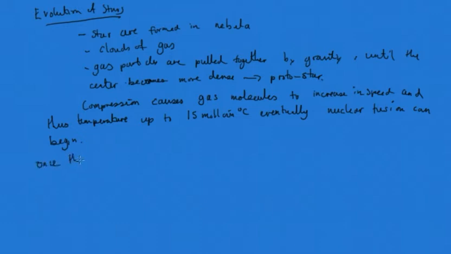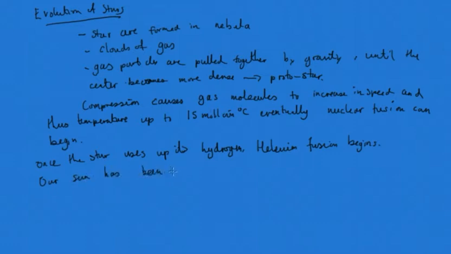Once the star uses up its hydrogen, helium fusion begins. Our sun has been in a steady state of fusion for a very long time.